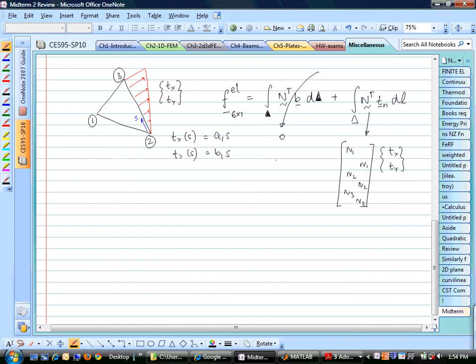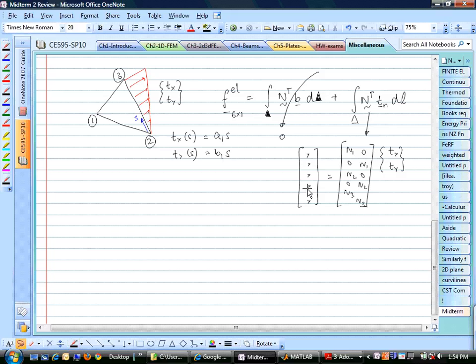Since dl is the same as ds, this calculation should not be that difficult. Obviously there are these 0 terms, and this will lead to some 6 cross 1 f element vector.